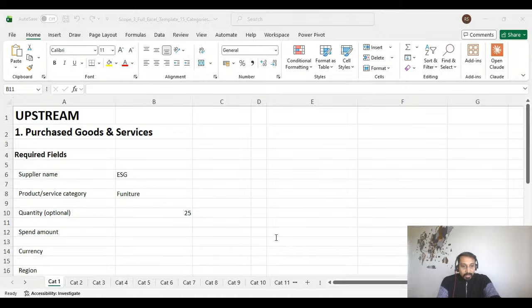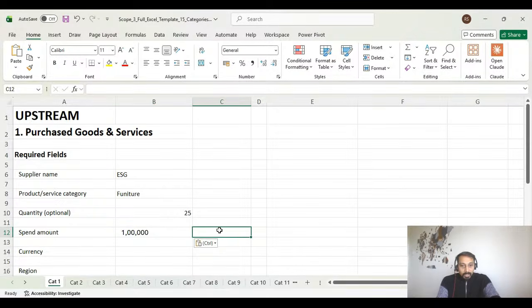Then here is the spend amount, which is important if you are using the spend-based methodology. As I mentioned, I'm mentioning the 100k pound. The currency will be pound, so I'm using the pound currency here.